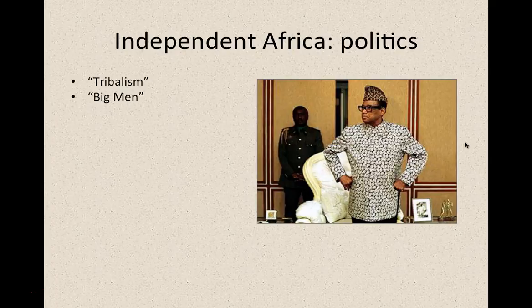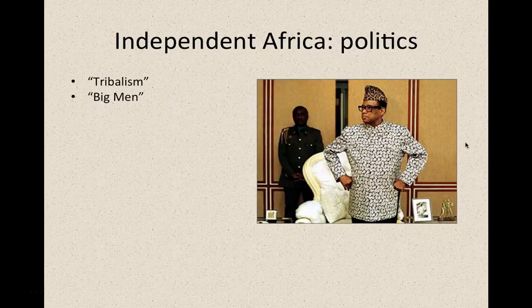The person pictured here is Joseph Mobutu, or as he came to call himself, Mobutu Sese Seko. This was a kind of crass Africanization of his own name. Really, it's sort of made up, but he also renamed Congo Zaire because it sounded more African, even though that was a term that originated with the Portuguese colonial effort.